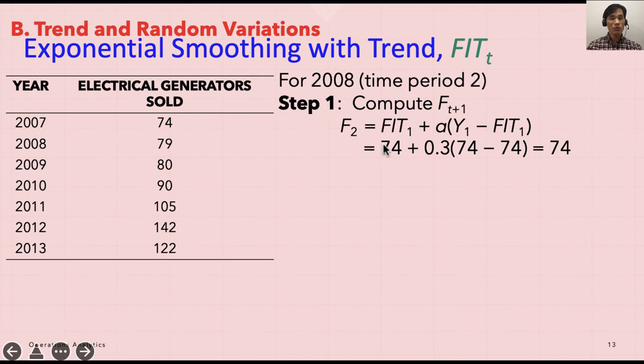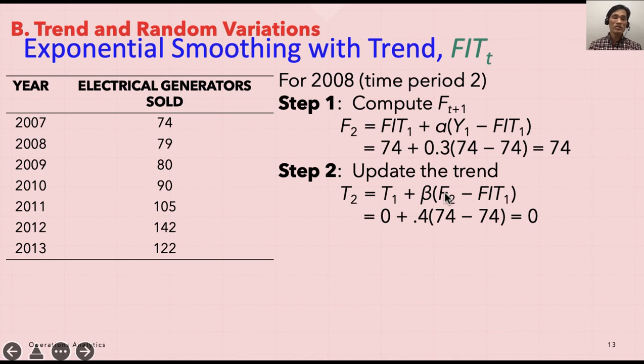Then that's going to be 54 plus 0.3, which is given as alpha here, times the actual demand at 2007, which was 74, minus FIT 1, which we chose as the same demand. So 74 is right here. Then your F2 is going to be 74. So that's how you calculate. It's very similar to the exponential smoothing method without trend.